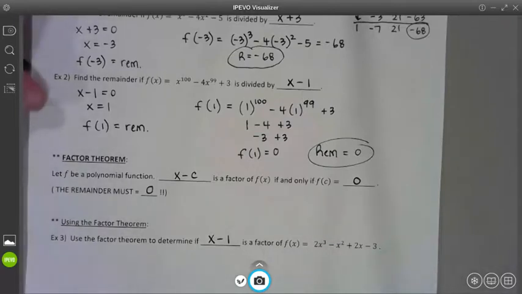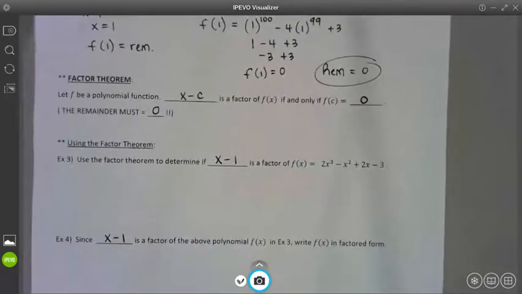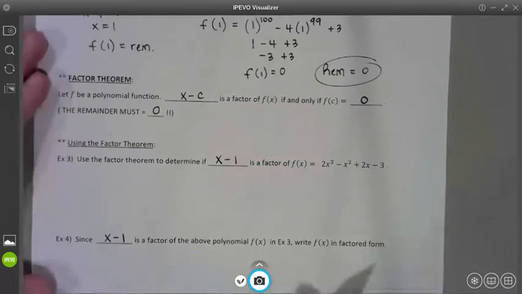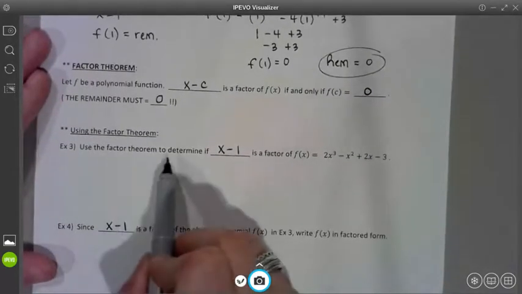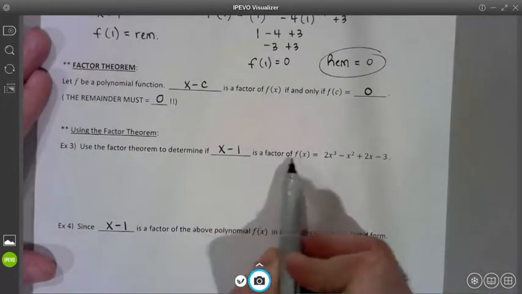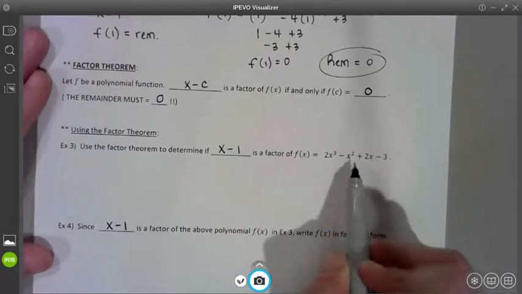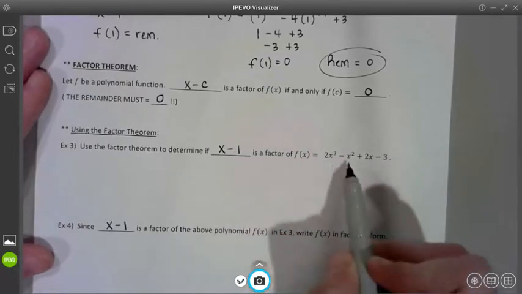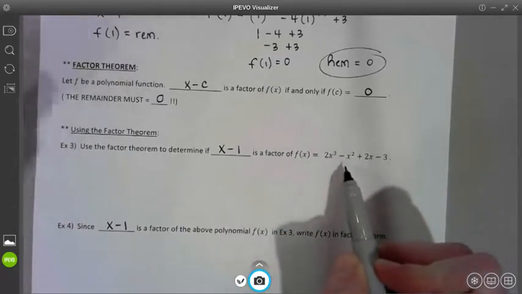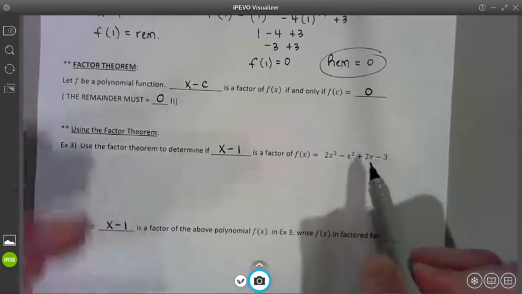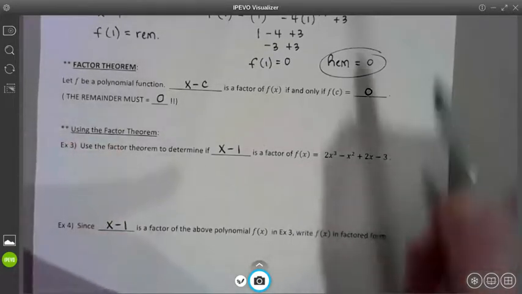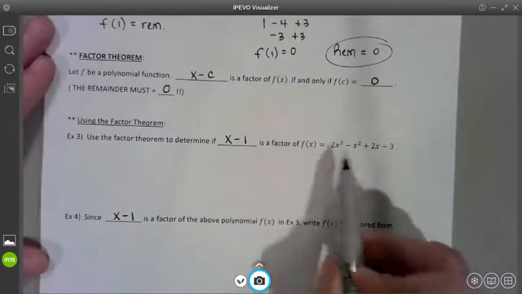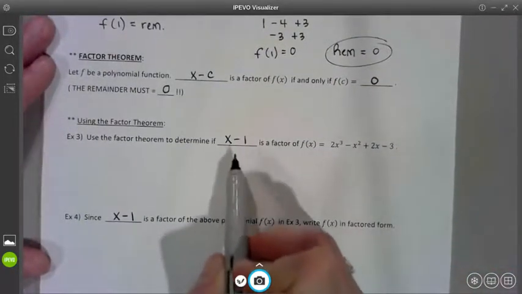Okay? All right, let's use the factor theorem, which again is just going to be, is the remainder 0 or not? So you still have to use the remainder theorem to apply the factor theorem. All right, so it says use the factor theorem to determine if x minus 1 is a factor of this polynomial. Well, again, if we want to know if this is a factor of that, I need to know the remainder. So you can either divide it in using long division, you can divide it in using synthetic division like up here, or you can just see what number comes out when you plug that magic number in.